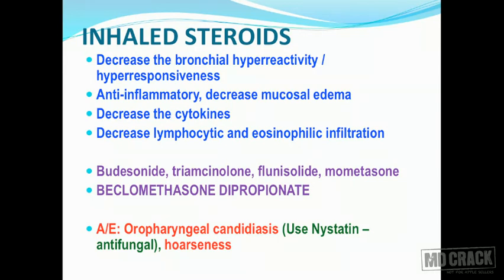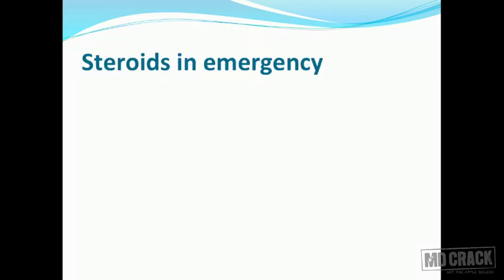Oropharyngeal candidiasis produced in this way is treated with the help of nystatin, which is an antifungal agent. Another adverse effect you expect is hoarseness of voice. If the inhaled steroids go into the systemic circulation, they are likely to produce systemic adverse effects. But the way we are using them, we expect minimal systemic adverse effects with inhaled steroids.